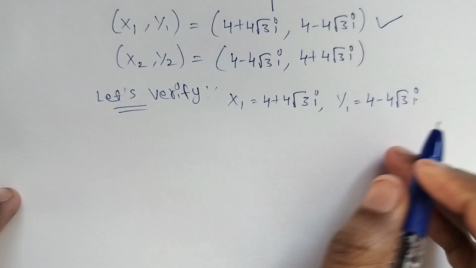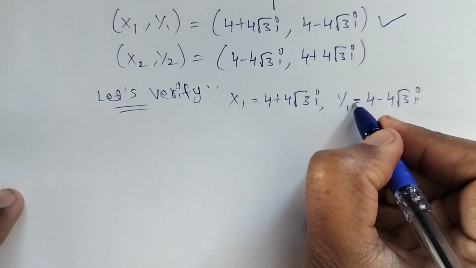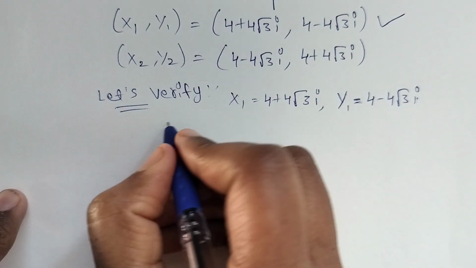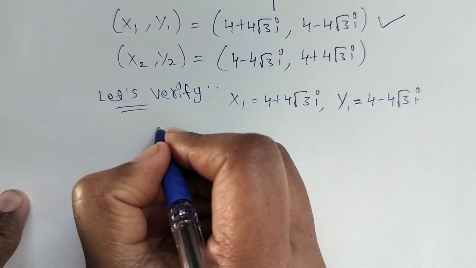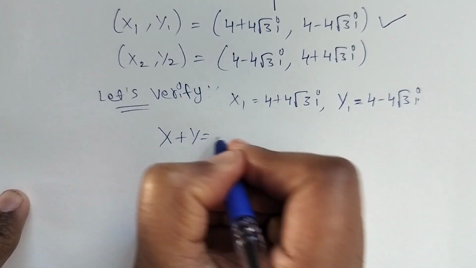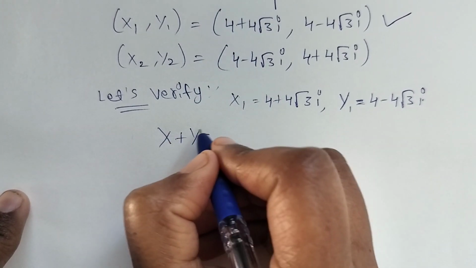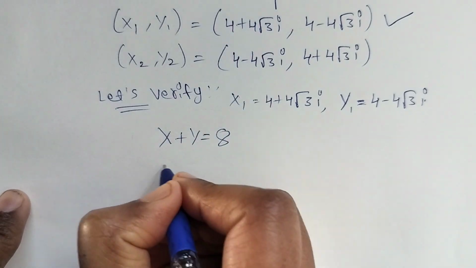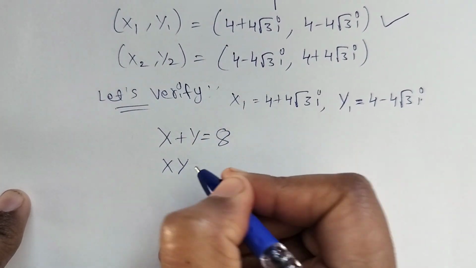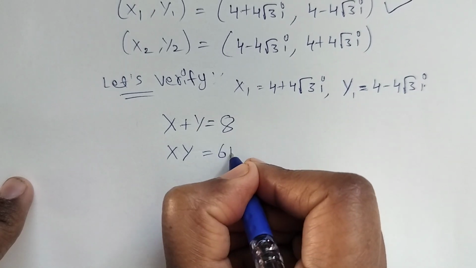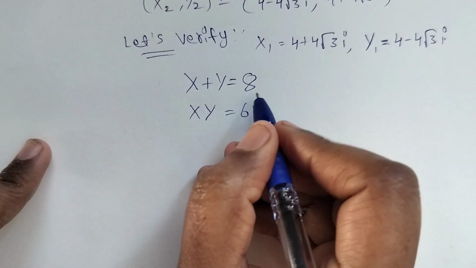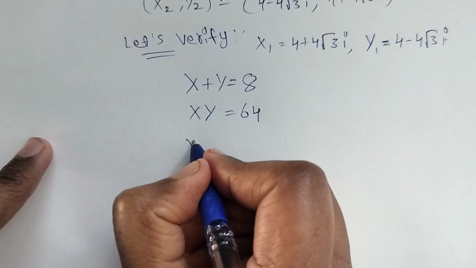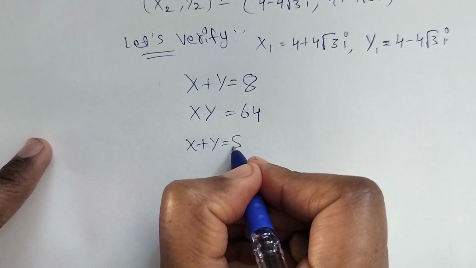With these values we are going to verify these equations. The first equation is x plus y is equal to 8, and the second equation is x times y is equal to 64. First verify with the first equation, x plus y is equal to 8.